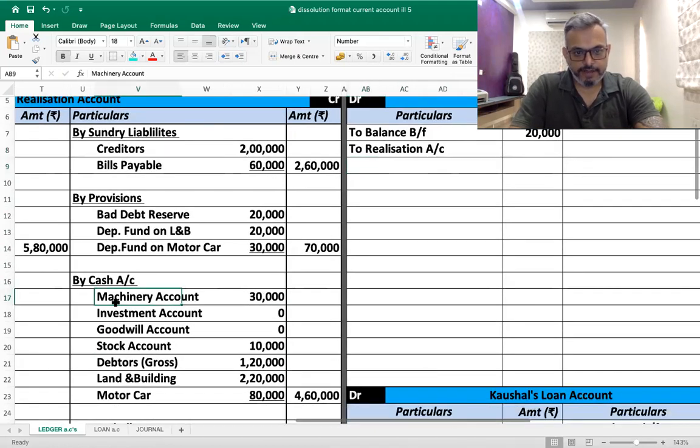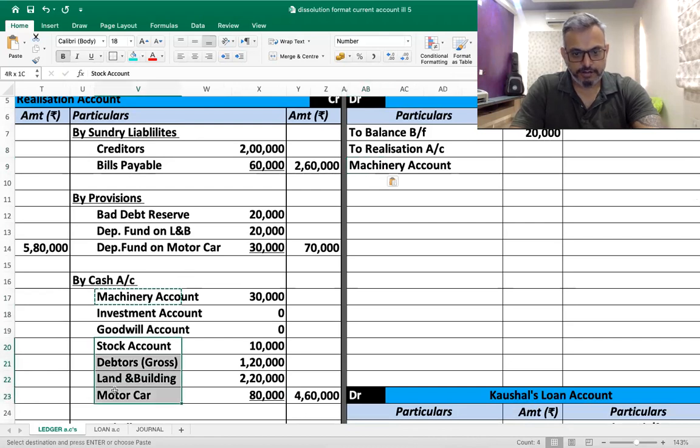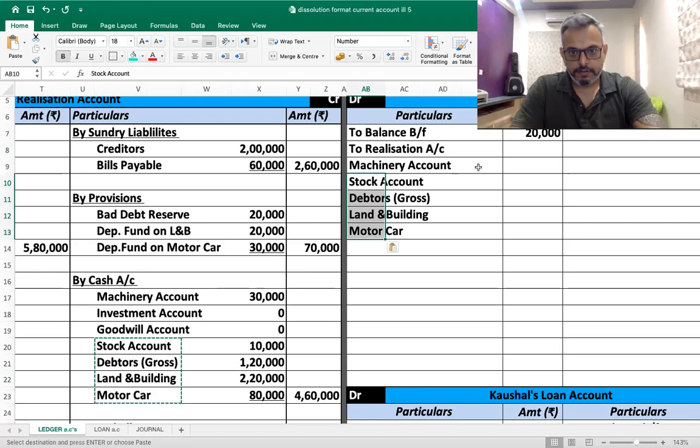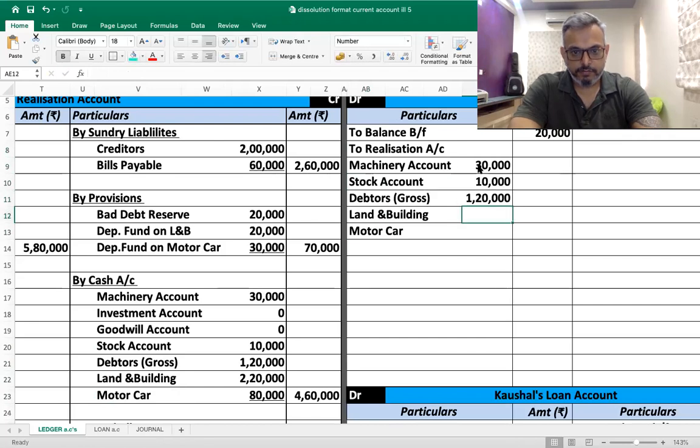Okay, the details are like this: machinery, investment. Machinery, don't write investment now because we know nothing is realized. Machinery and then stock, debtor, land and building and motor car. Write the amount in the inner column, 30,000, 10,000, 1,20,000, 2,20,000, and 80,000.